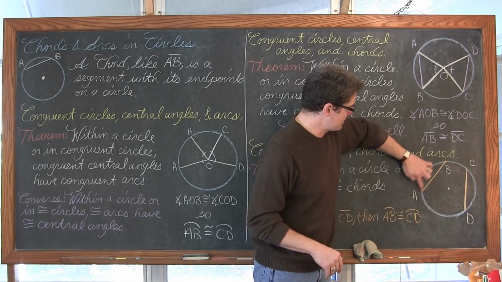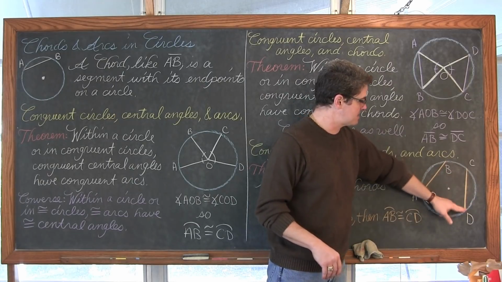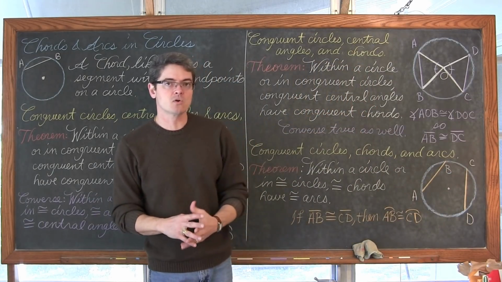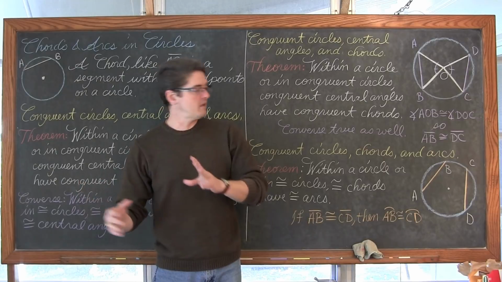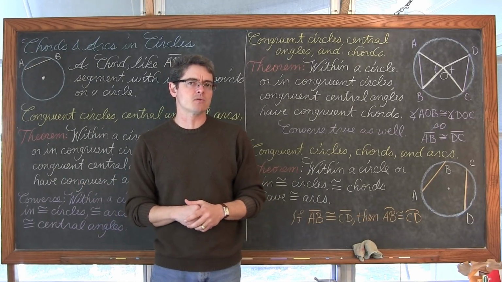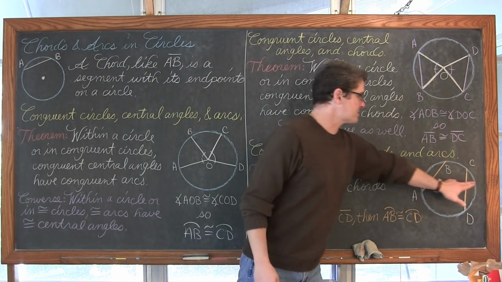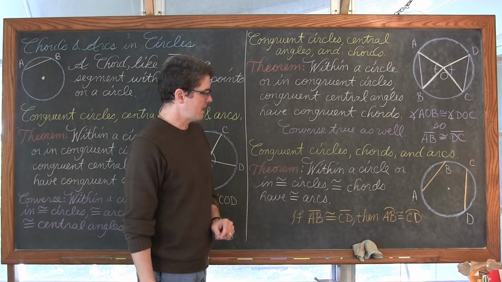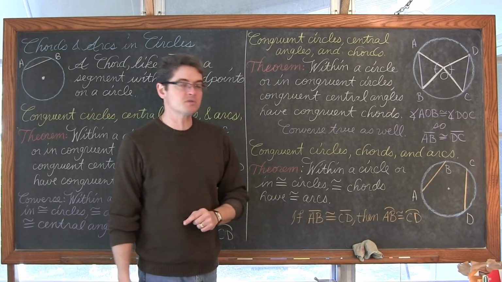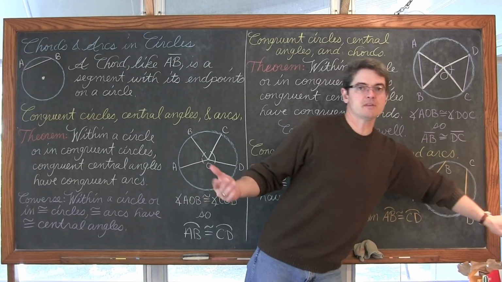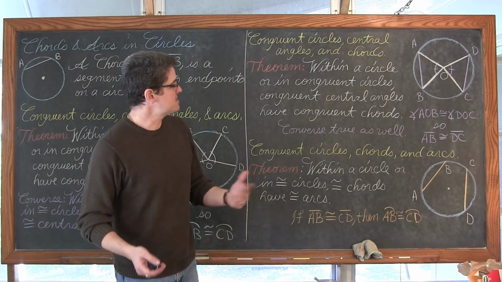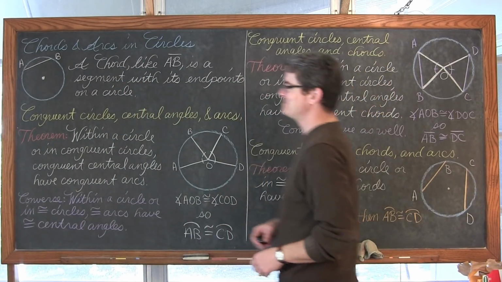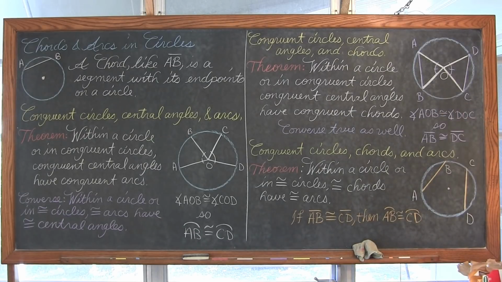So if segment AB is the same length as segment CD and they're within the same circle, or they're in separate circles but each of those circles has the same radius, then the arcs are going to be congruent as well. And the converse is true. With all these theorems, the converses are true. Let's take a look at the next few theorems that we have.